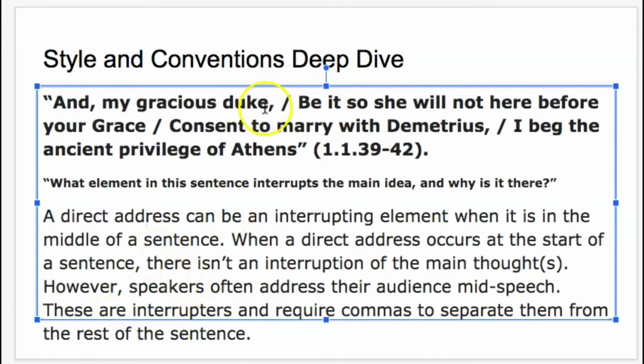So, here you see a comma. Here you see a comma. So this is the interrupter. Why is this there? Remember that the speaker is addressing the audience mid-speech. This is the speech. This is when they're addressing the audience. Why is that there?